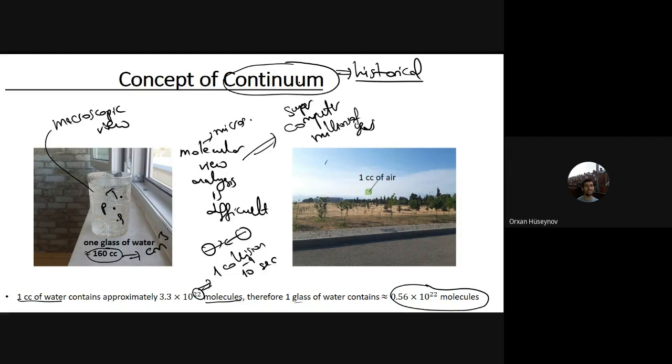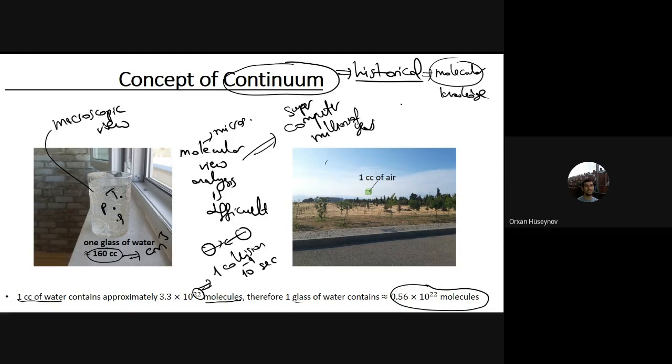And then comes the historical approach, which is the continuum approach. Why is it historical? Because when people started to analyze fluid flow or solid mechanics, they didn't have any knowledge of molecules. They were thinking that any material, fluid or solid, is continuous.